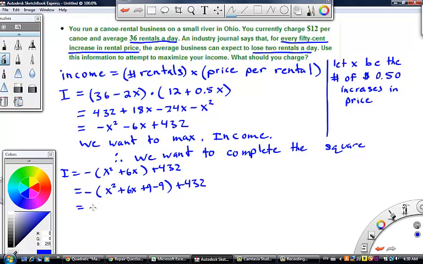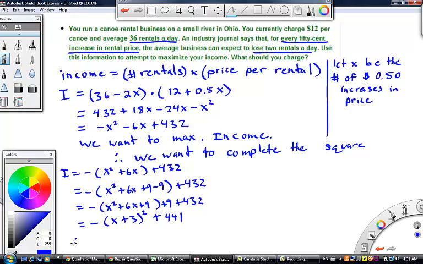Taking out the second negative 9, when you take it out of the bracket, it's going to become positive 9. So that's going to be 9 plus 432. And completing the square on the inside, you get x plus 3 squared plus 441.